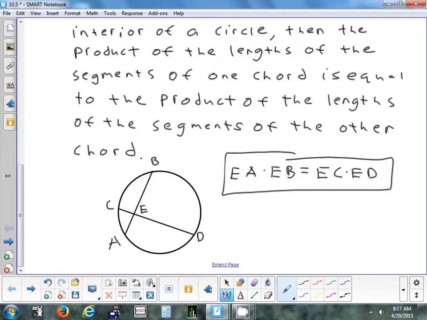That's what the theorem says. So you take part of the length of one chord times the other part equals part of the length of that chord times the length of the other chord. Any question on that theorem?